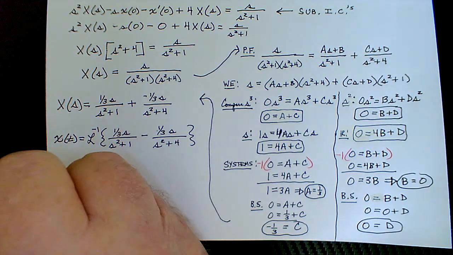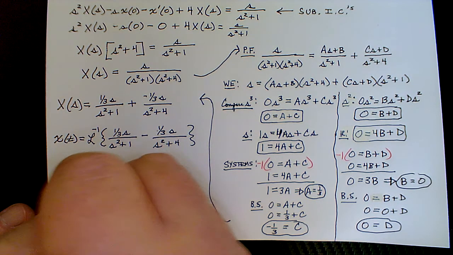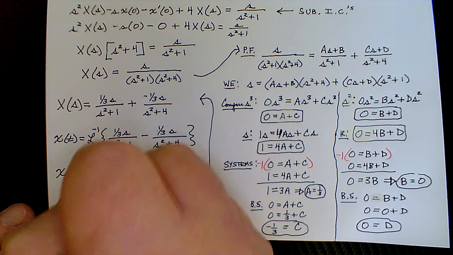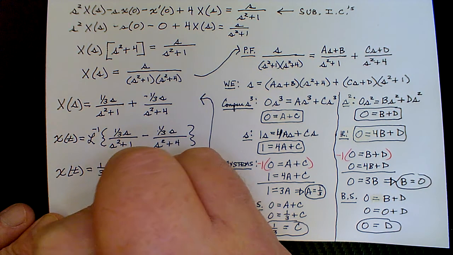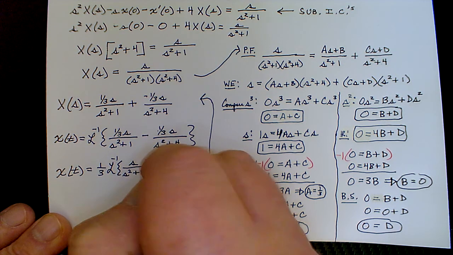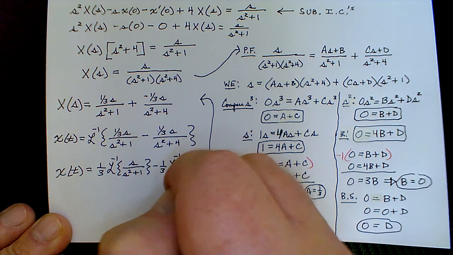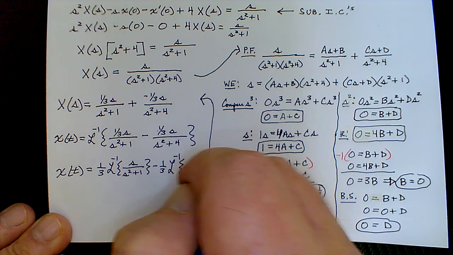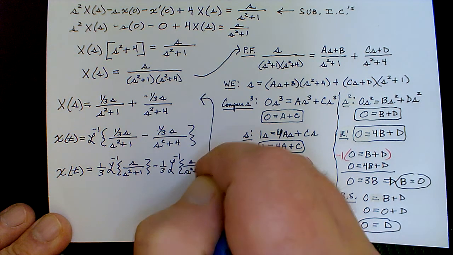To use the linearity property, so we get 1/3 inverse Laplace of s over s squared plus 1, and then minus 1/3 inverse Laplace of s over s squared plus 4.